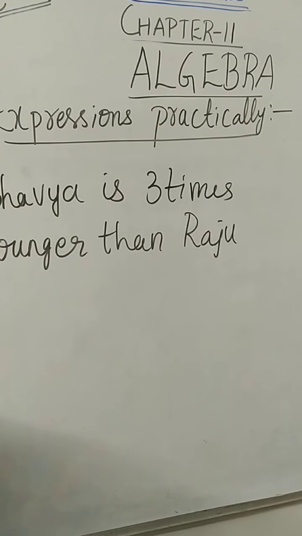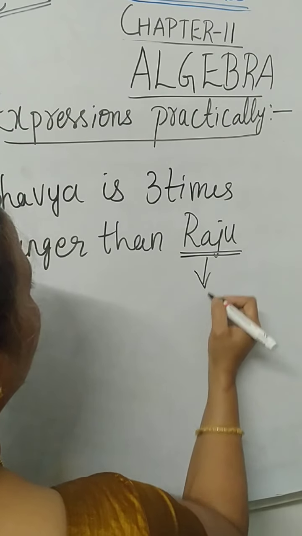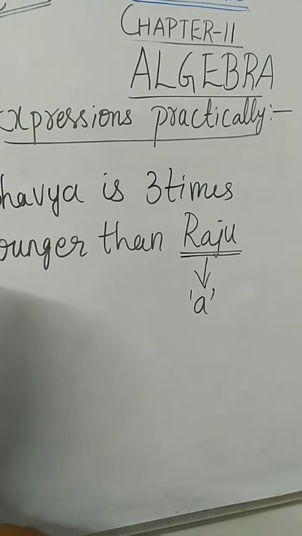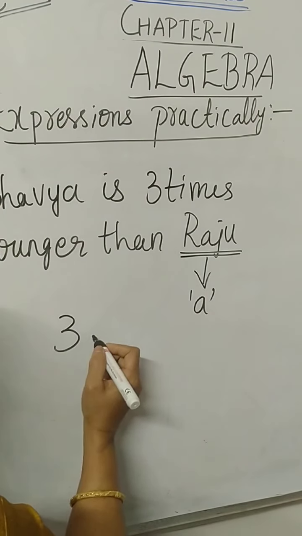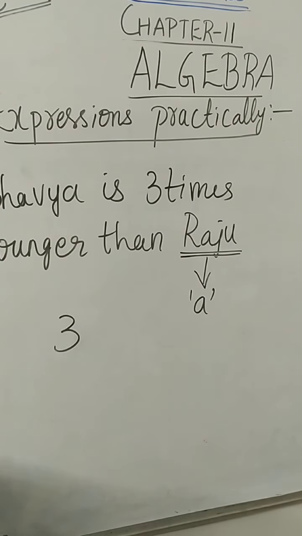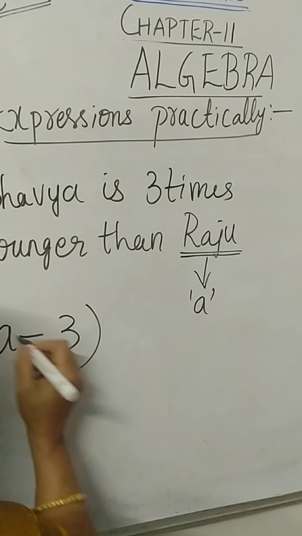Let Raju's age be A. His age is A. So what will be Bhavya's age? Bhavya's age will be A minus 3.